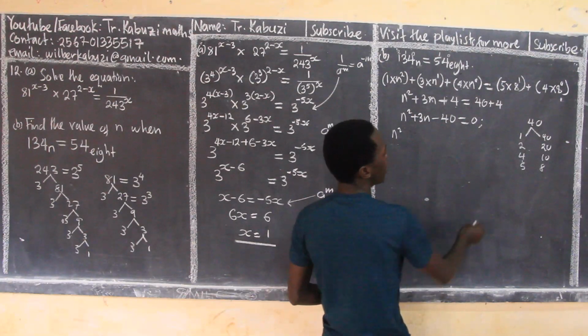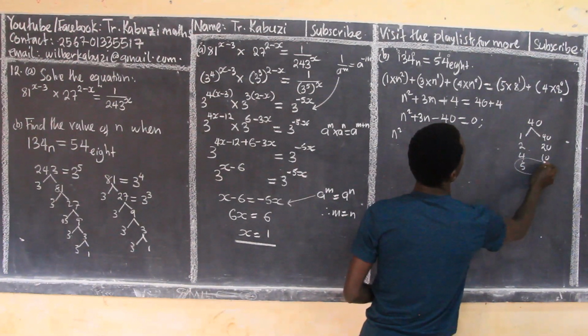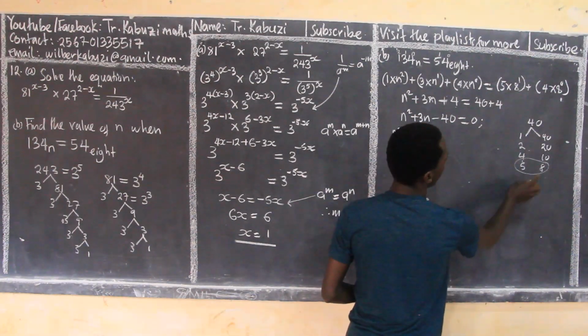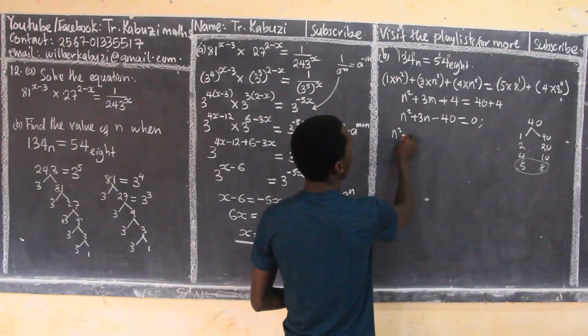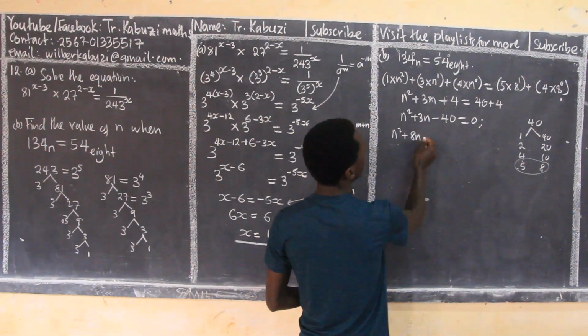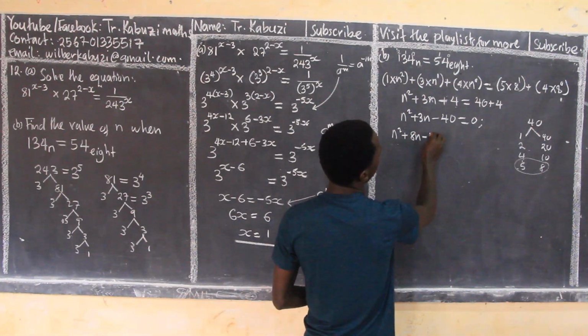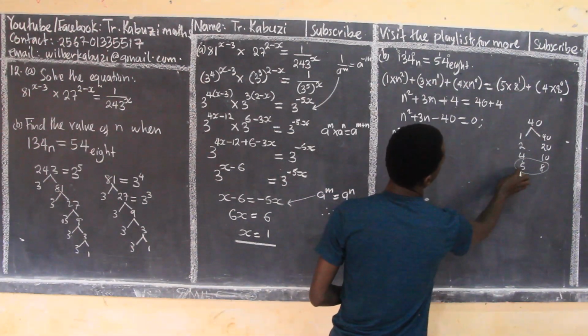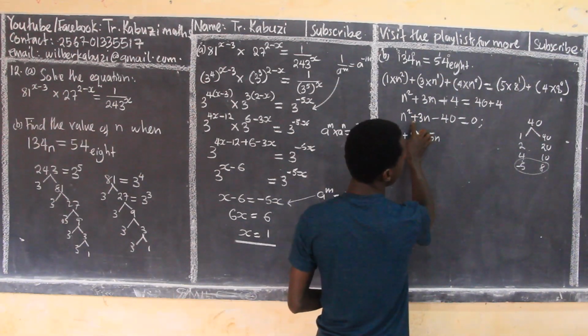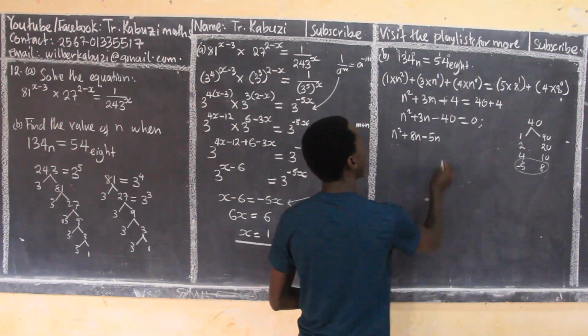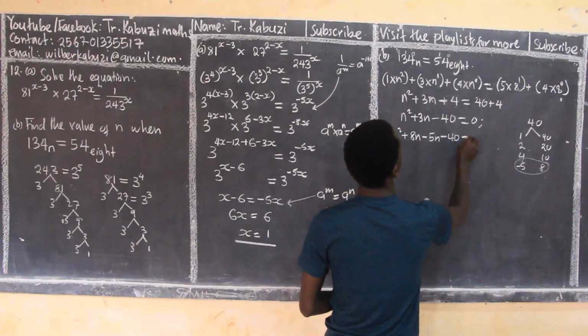You see that these two will work for me. Because this one is positive, the big one has to be positive, and this one will be a minus. So putting them here, we have plus 8n. This pair, I'm making this negative because this is positive, then the big one has to be positive. Then minus 40.